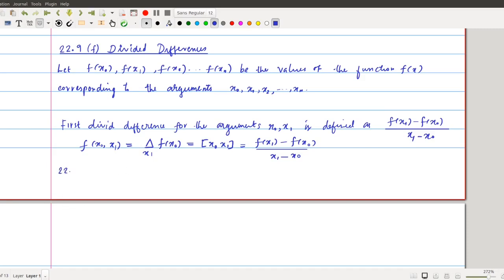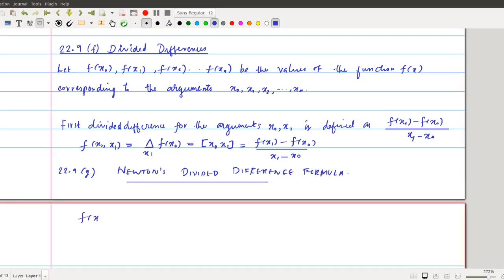So we write it as 22.9 G, Newton's divided difference formula. This is f of x equal to f of x0 plus x minus x0 delta x1 f of x0.